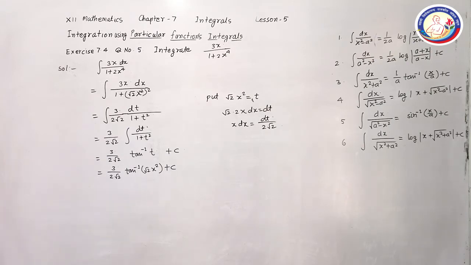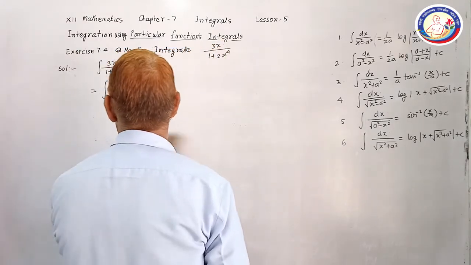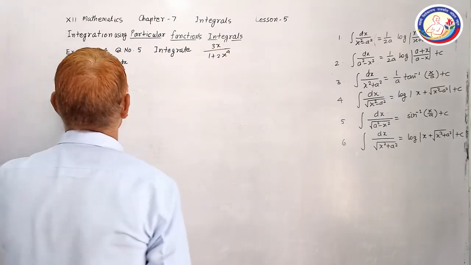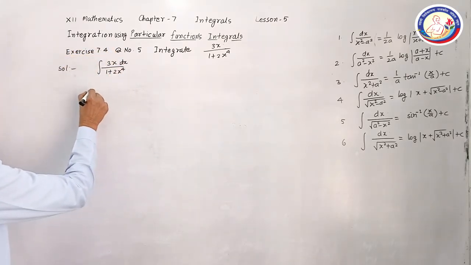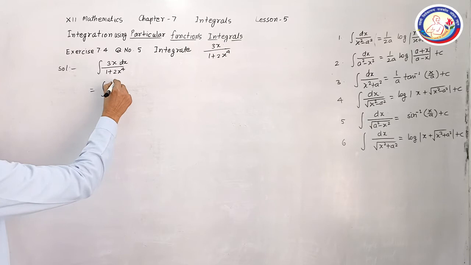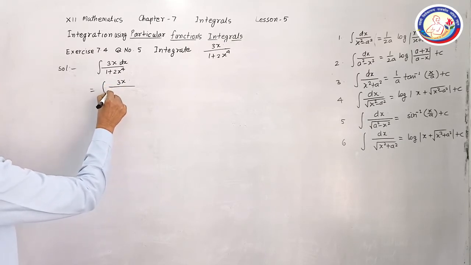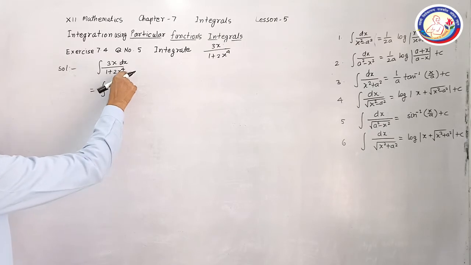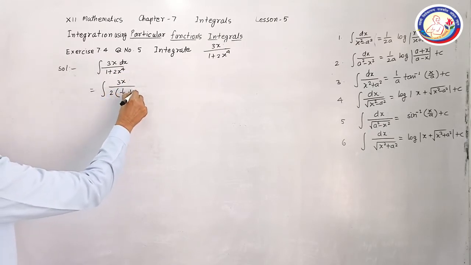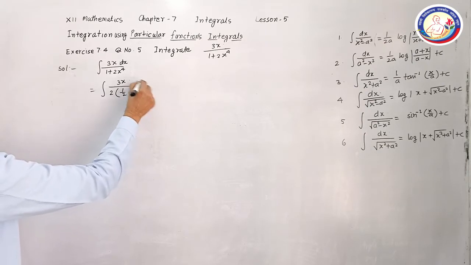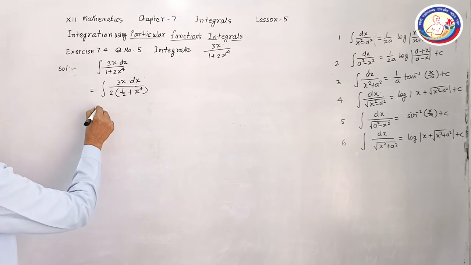The second way: change this into standard form. First of all, integration of 3x upon, take 2 common because we want x raised to power 4 here. Simply 2 into 1 by 2 plus x raised to power 4. Simple calculation. Now take 3 by 2 outside.